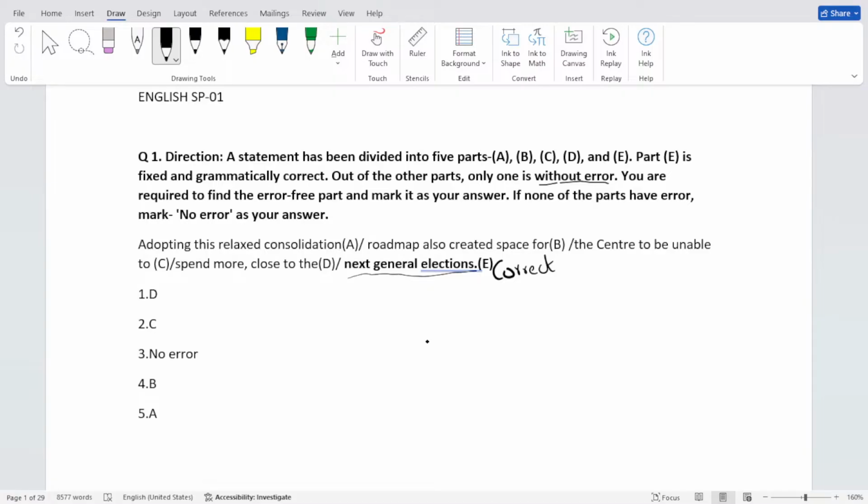Now let us see what will be the correct expected answer. When it comes to the context of the sentence, the author is trying to explain the stance of the government, that is, the government adopted a relaxed consolidation roadmap when it presented the budget of this year, and the stance will give the government enough leverage to spend more closer to the next general elections.